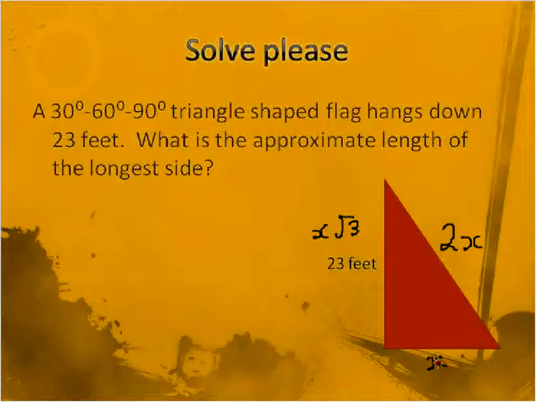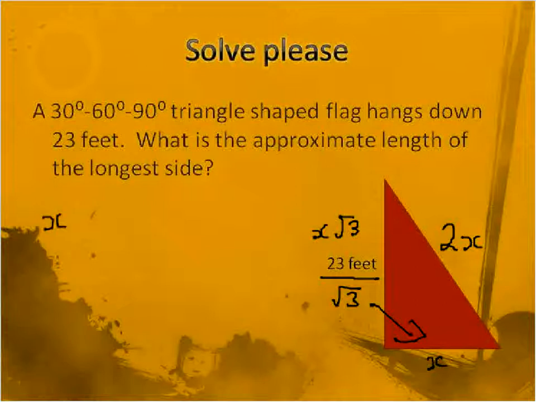If I were given this length, I would multiply it times the square root of 3 to get 23. Because I'm given this length, I'm going to have to divide by the square root of 3 to find this value of x. So 23 divided by the square root of 3 will give me that length. Does that make sense? x times the square root of 3 is 23, so to find the value of x, I need to divide 23 by the square root of 3.